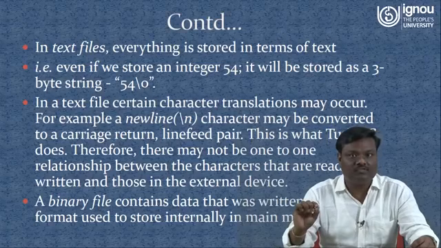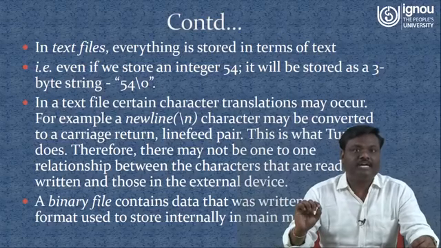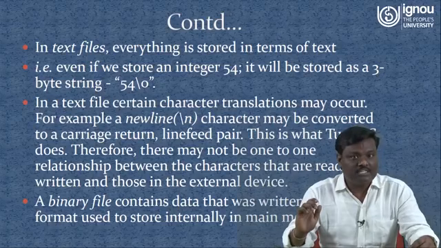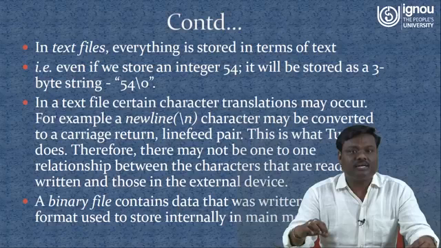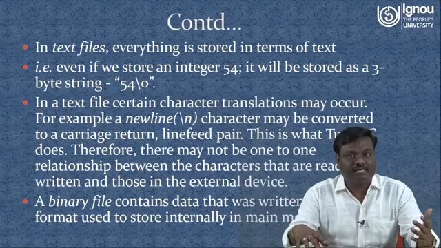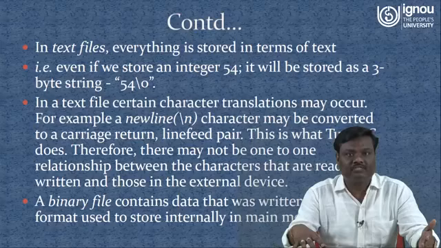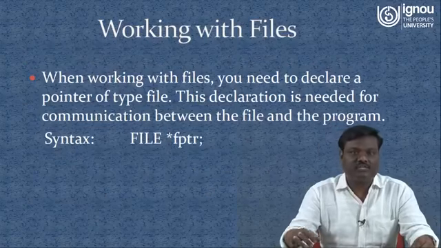That is the end of line. But for the end of file, it is EOF. So text file is nothing but the whole items are the text items, and then a binary file contains data that was written in the same format, but it is not in the form of text, however in the form of binary values, that is zeros and ones.